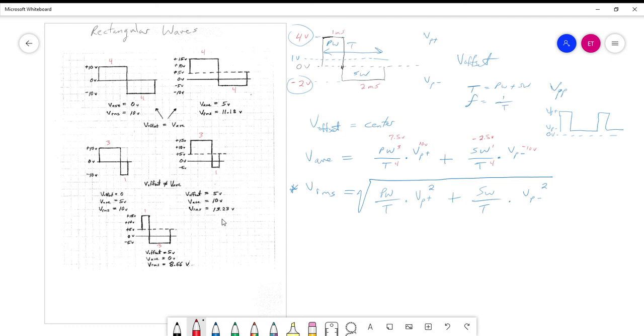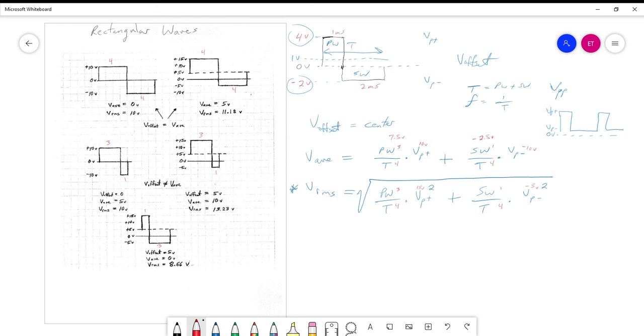again, you would say to yourself, I can come over here and do that one for you. What do we have? Maybe 3 milliseconds out of 4 milliseconds, you are at 15 volts. So you'd have to square that 15 and take 3/4 of it. 1 millisecond out of 4 milliseconds, you are at -5 volts.